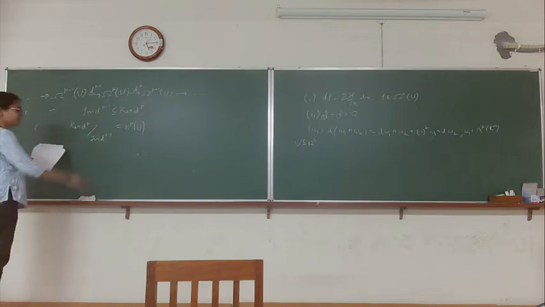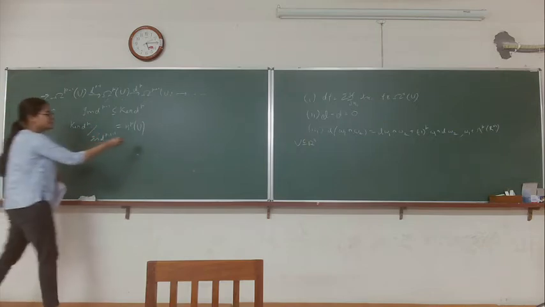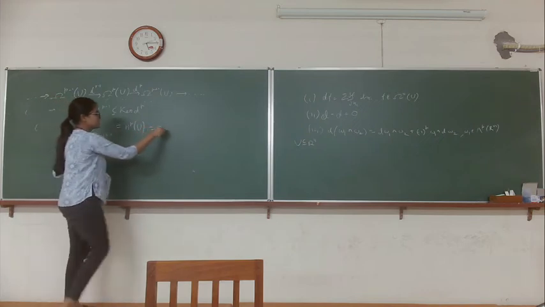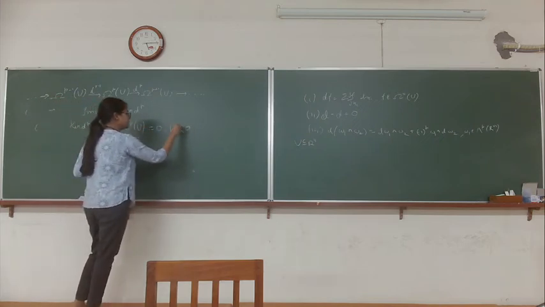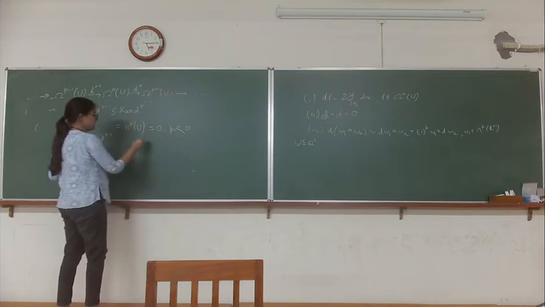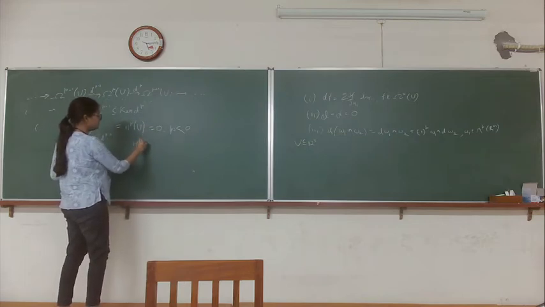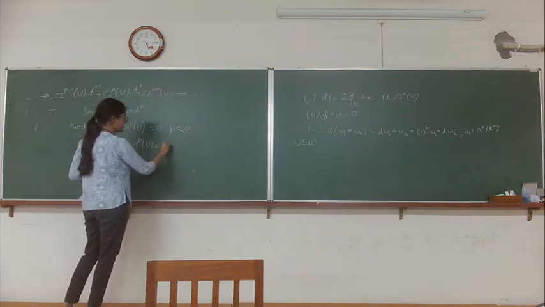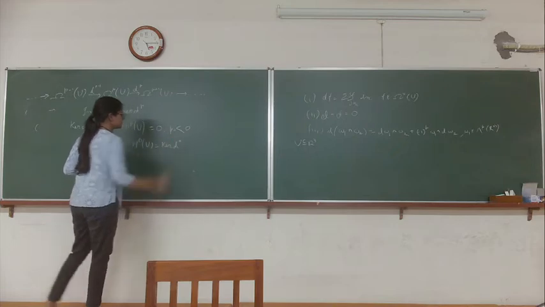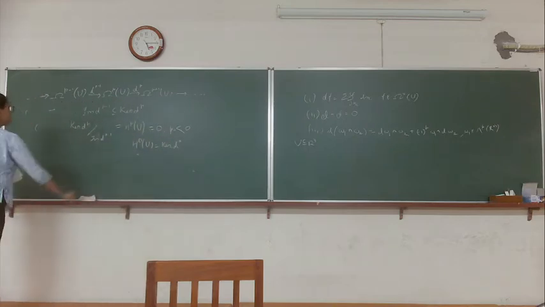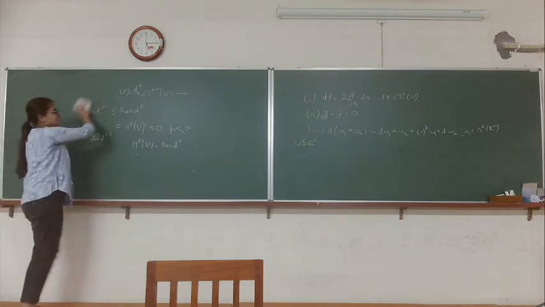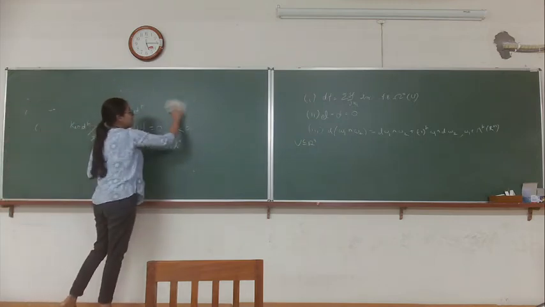Now, H^p(U) is defined to be 0 when p is less than 0, and H^0(U) is simply the kernel of d^0. Now, one can observe that H^p(U) has a functorial structure, and we will explain what we mean by that.